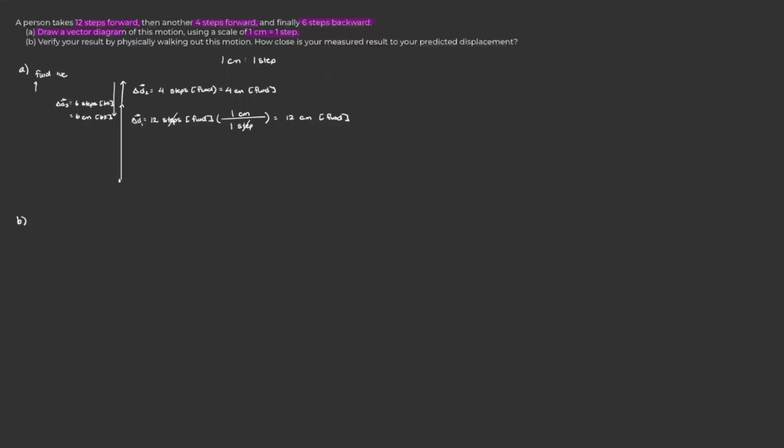So our total displacement is equal to the first displacement plus the second displacement plus the third displacement.